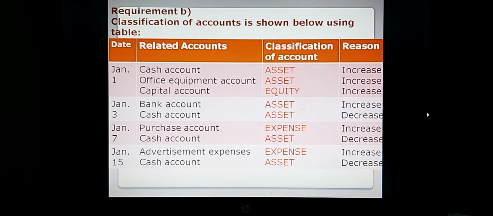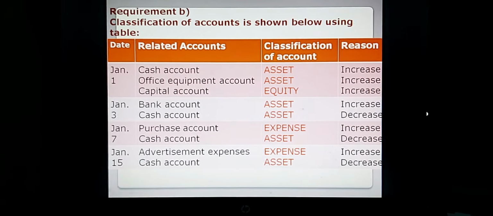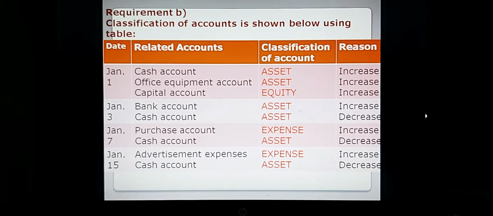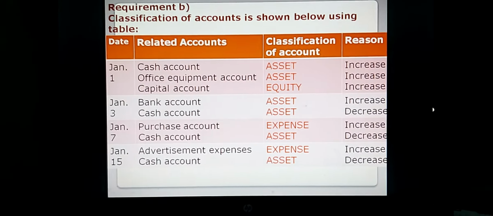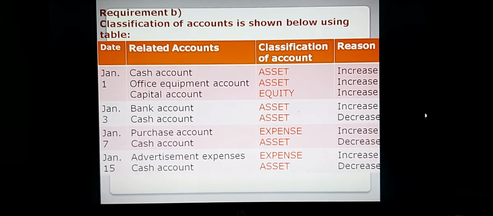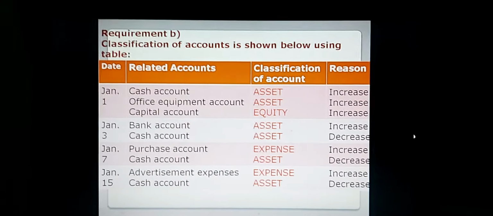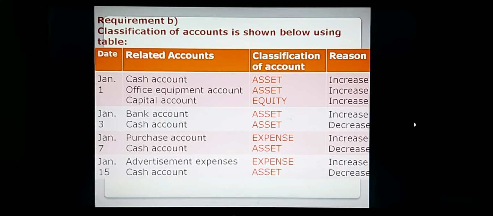So you can write for the first transaction, cash account, office equipment account. As these amounts are supplied by owner, so it is treated as capital account. The totally three accounts are related for the first transaction: cash account, office equipment account, and capital account.